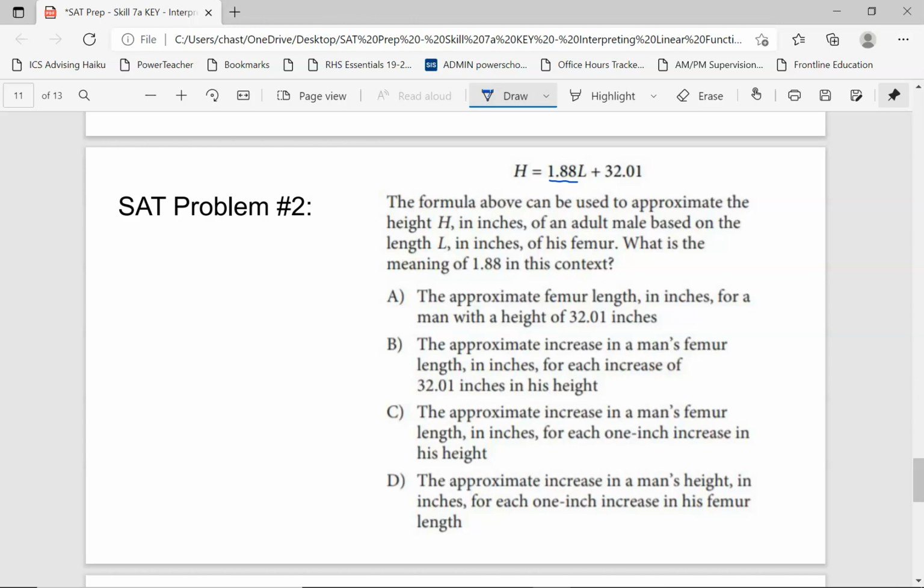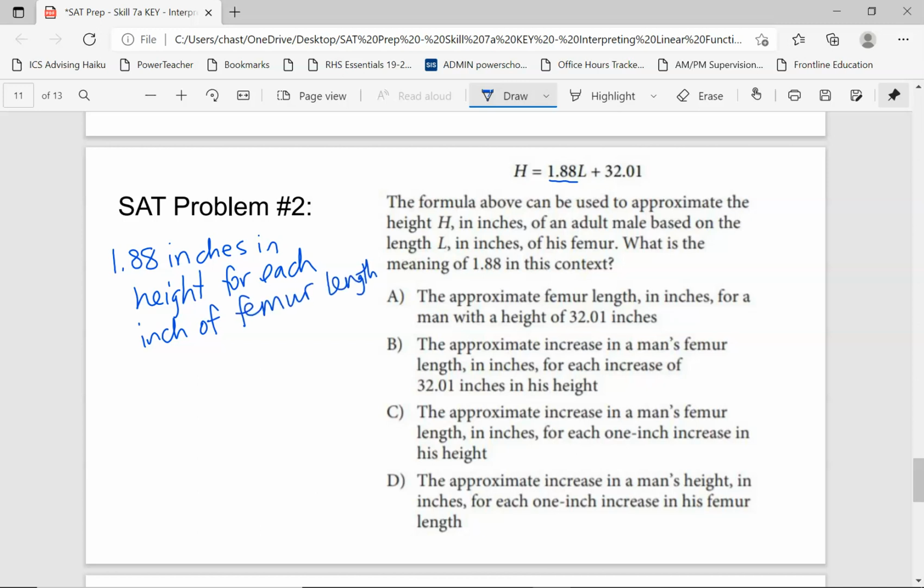Our h was height, so 1.88 inches in height for each inch of femur length. So let's see how we can think about that from these choices.